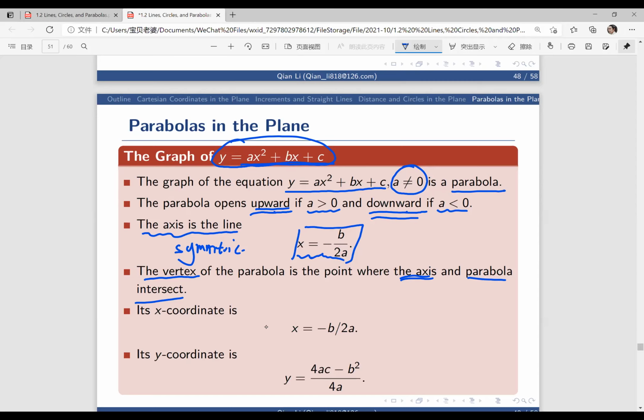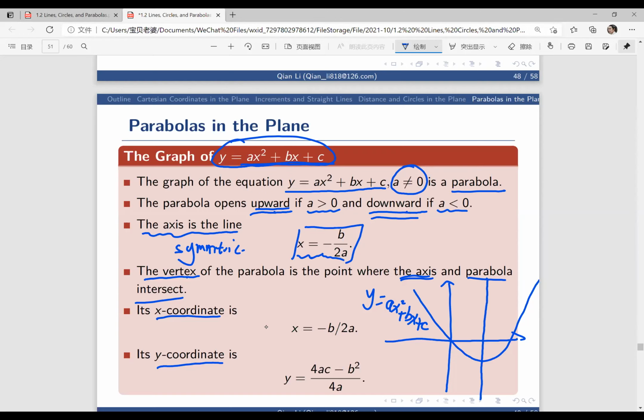Let's see the x coordinate and the y coordinate of this point, the vertex. Let's say there is a parabola, and this parabola is y is equal to ax squared plus bx plus c, and then we say this is the axis for this parabola, and this axis will be x is equal to negative b over 2a, and then the intersection of the axis and this parabola, this point will be the vertex of this parabola.